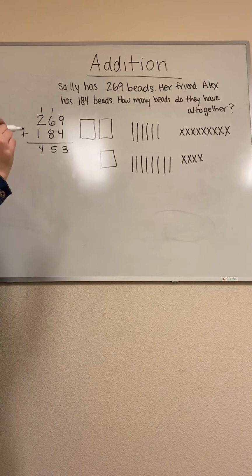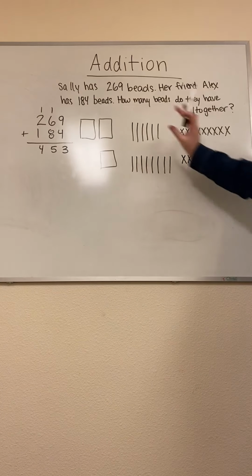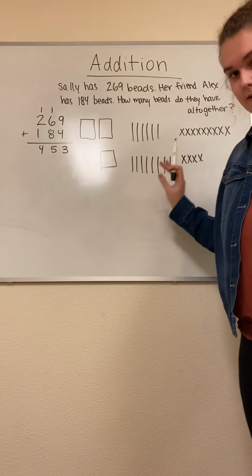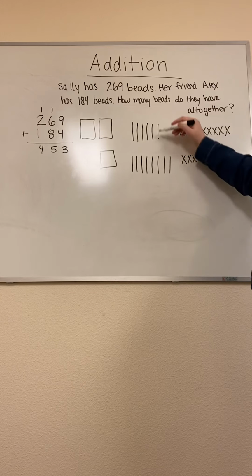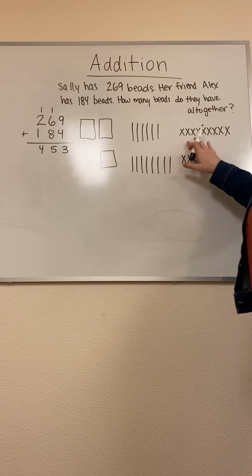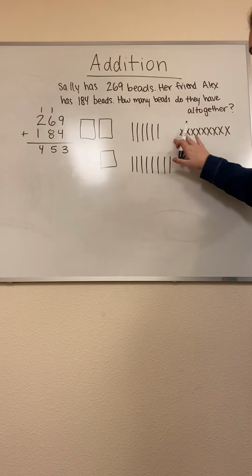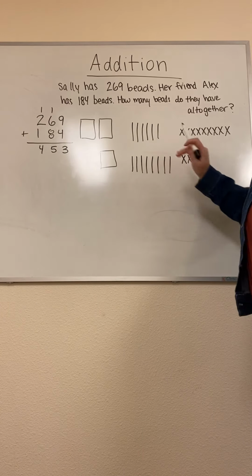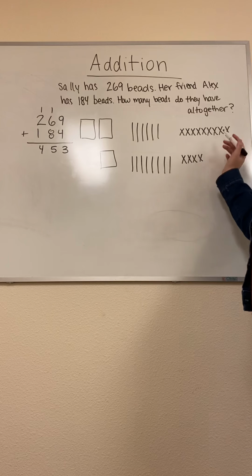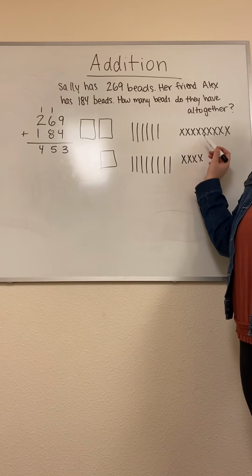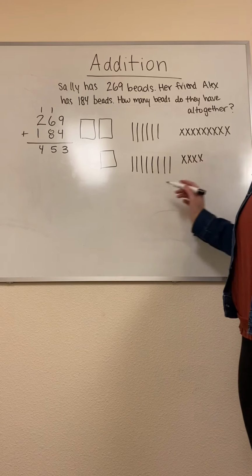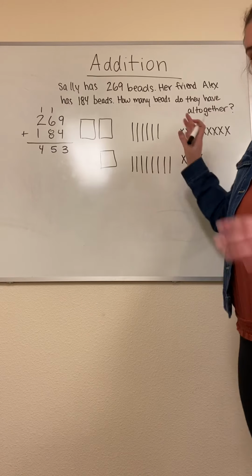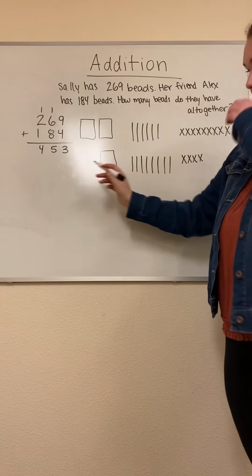So what we're essentially doing is grouping all of these pieces together. One of these tens has 10 of these units in it. So what we're going to do is count how many ones we have here to see if we can make any new tens so that we can move them into the next place value.